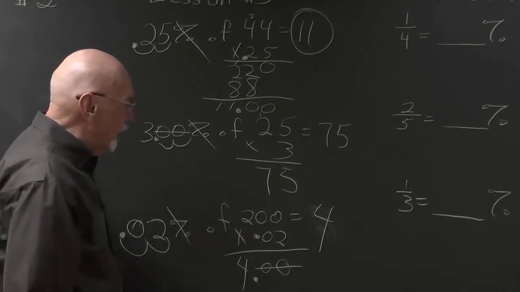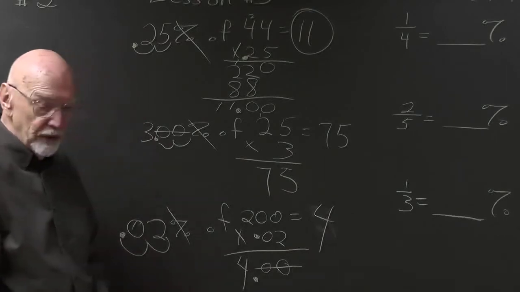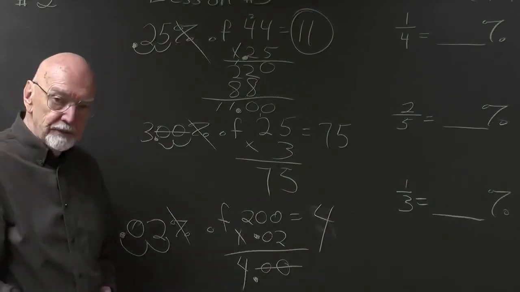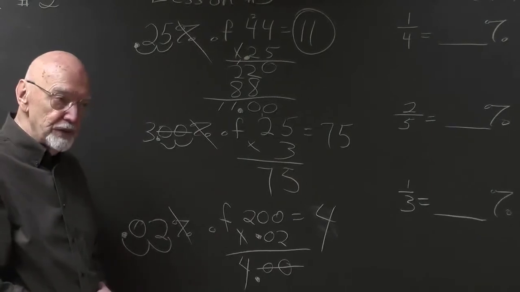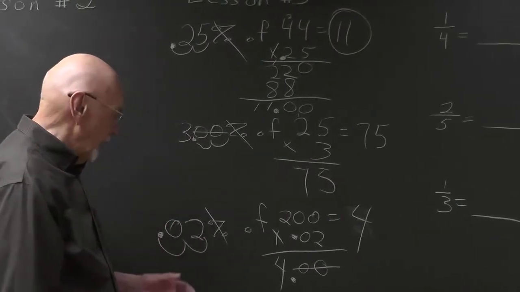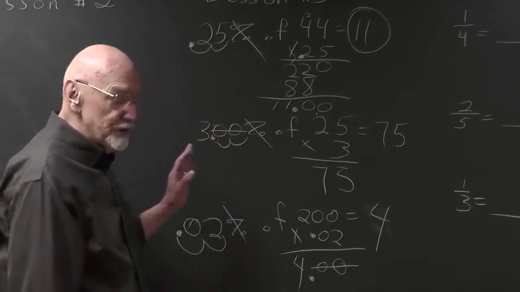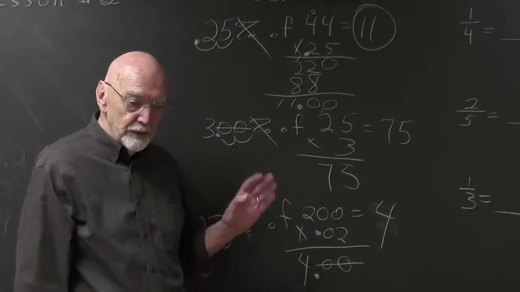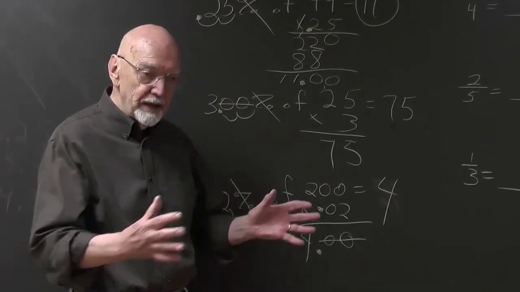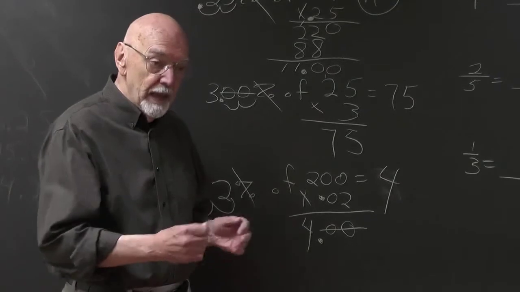Each time you work any math problem, you should look at it to see if it's logical, see if it makes sense. And when you think of percent, you need to realize 100% is the whole thing.